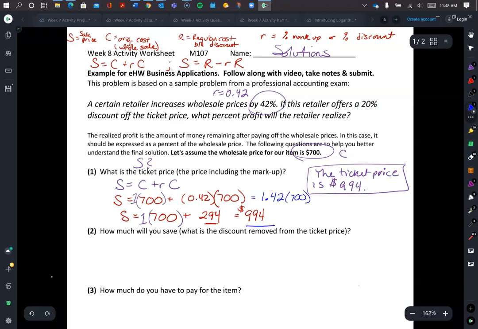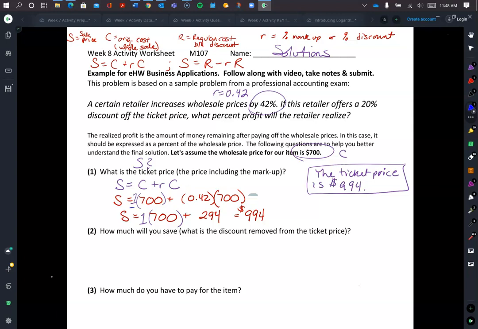And you would also get 994. So that's just another method you could think of. And sometimes we have to do that when we're solving for a different piece of it, we have to think of this as being a 1 times C here.